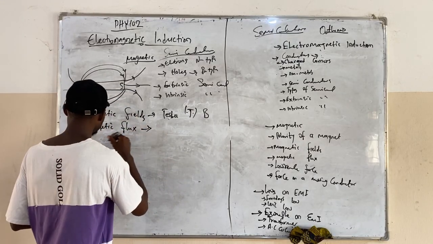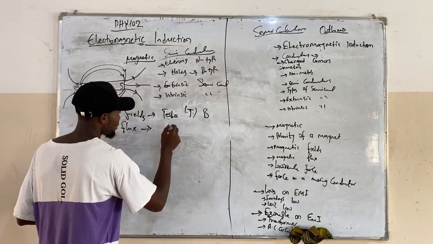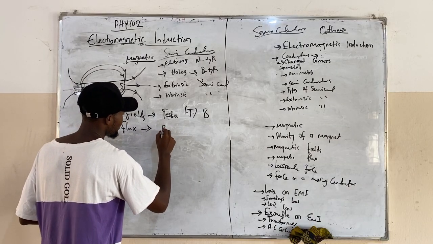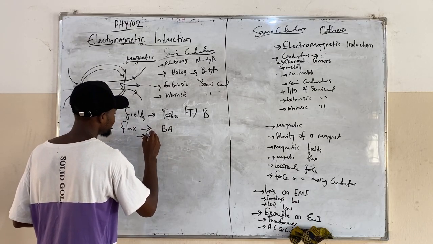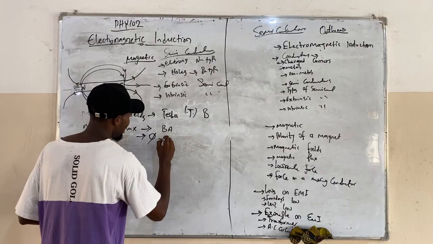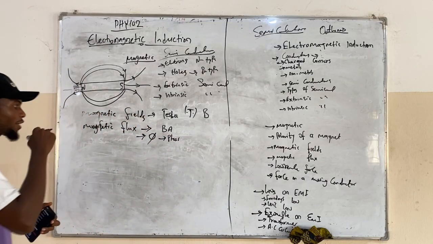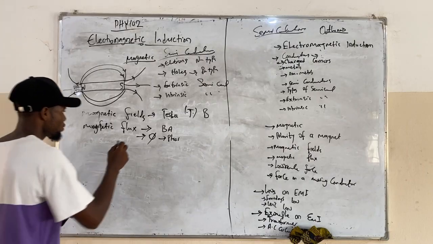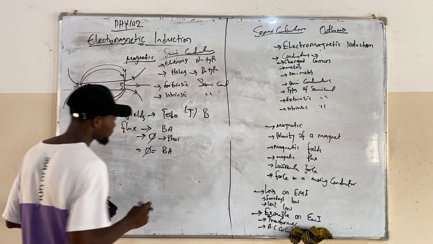It's represented with the formula BA, and it uses this symbol known as what? Phi, one of your Greek alphabets. So phi is equal to what? BA.